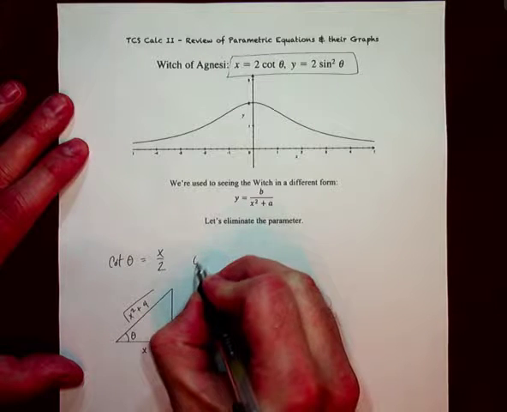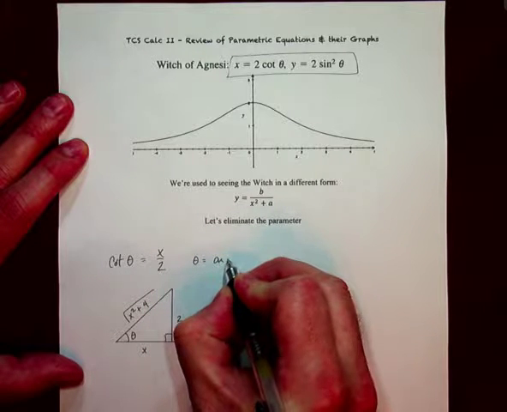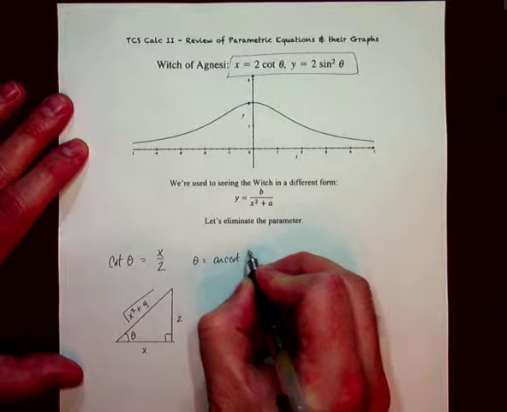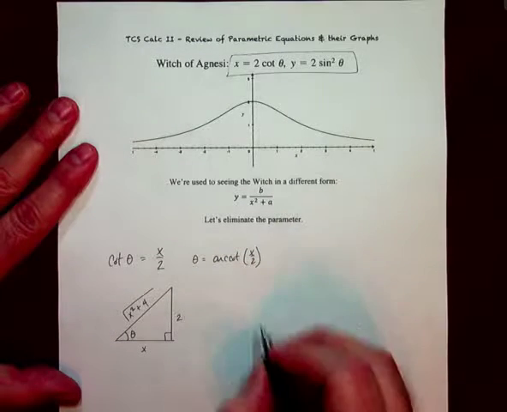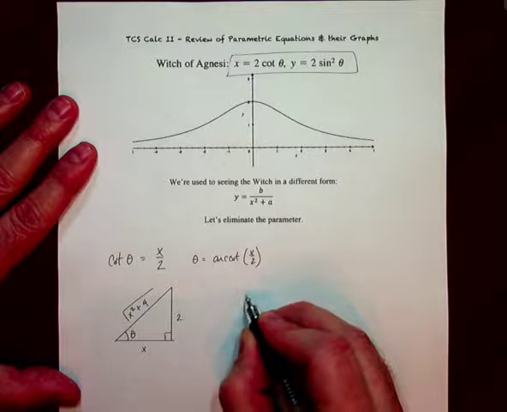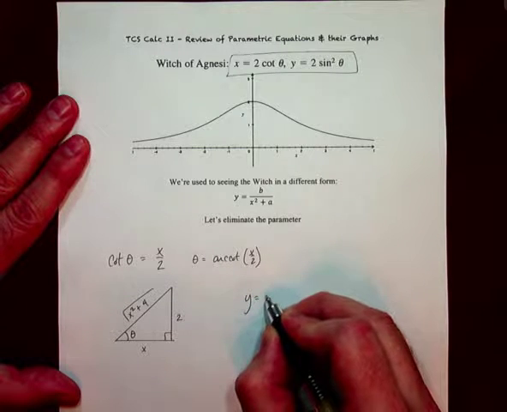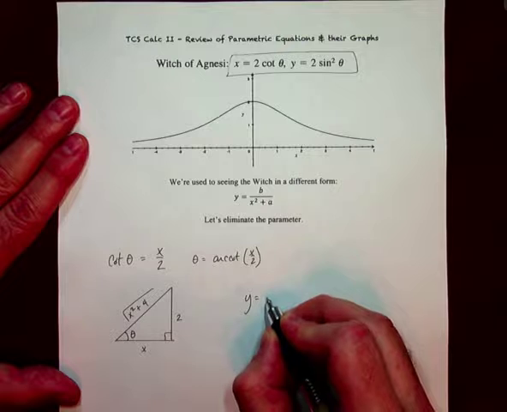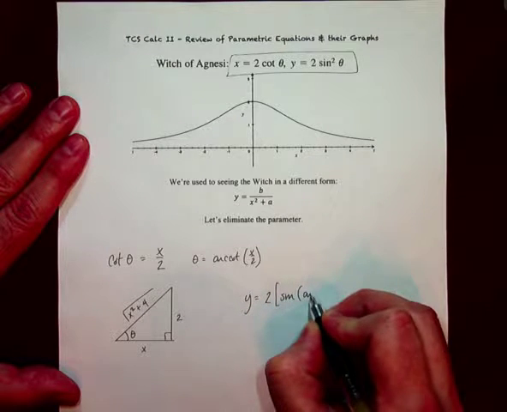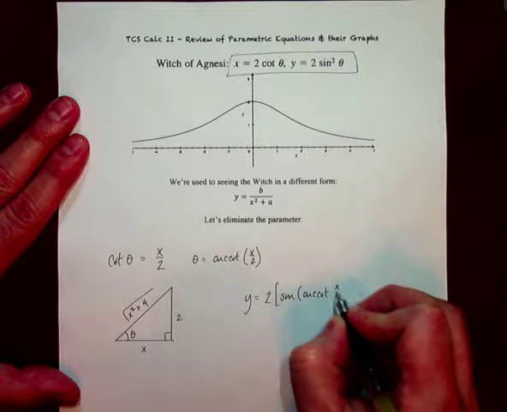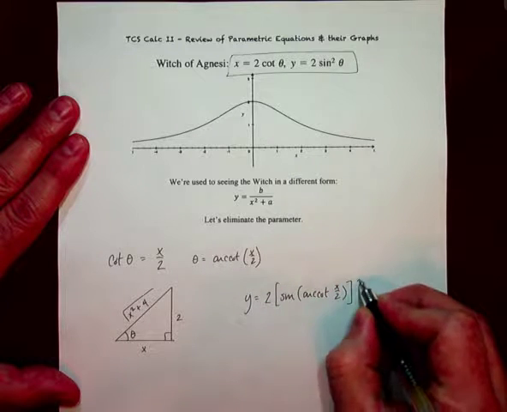Now, theta is therefore the arc cotangent of x over 2. Now, if that's the case, and I don't have to plug in, but I will, we know that 2 sine squared is 2 sine of arc cotangent x over 2, quantity squared.